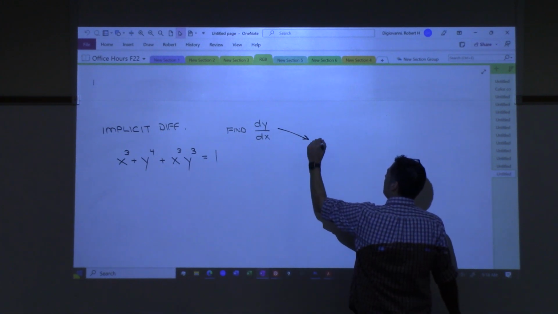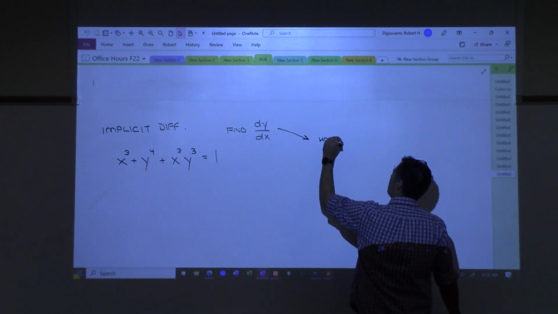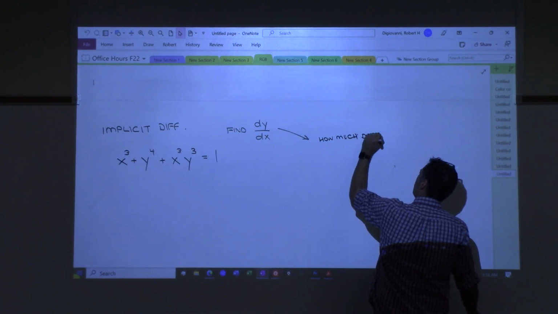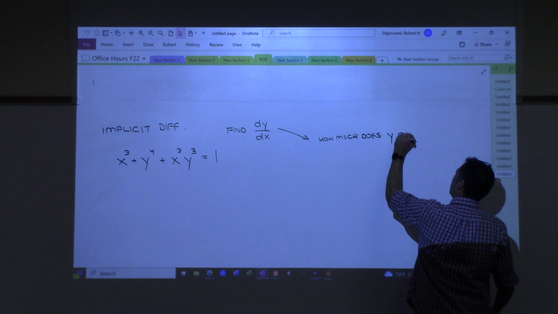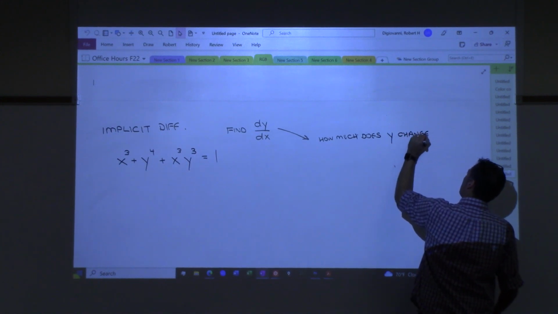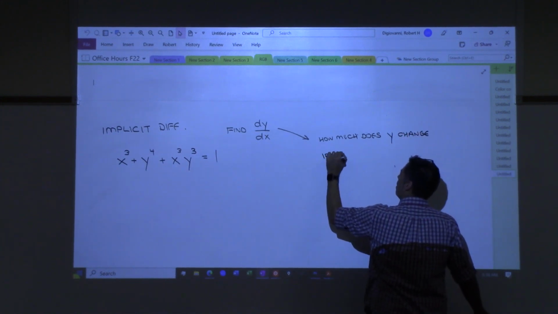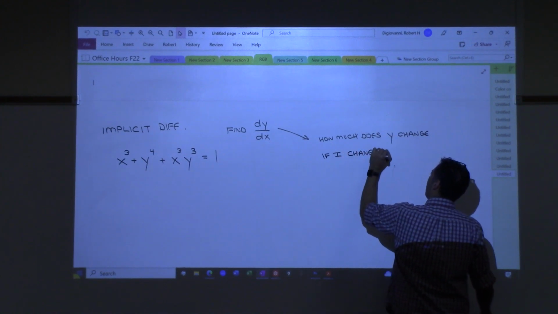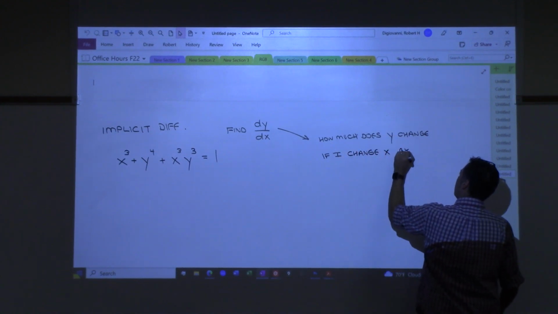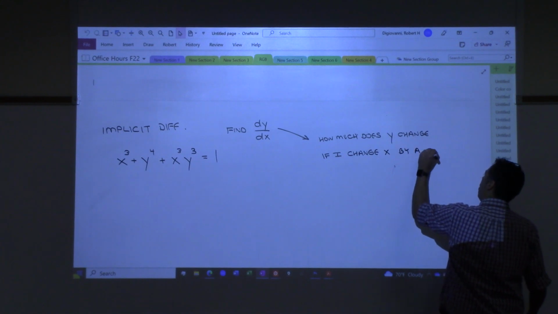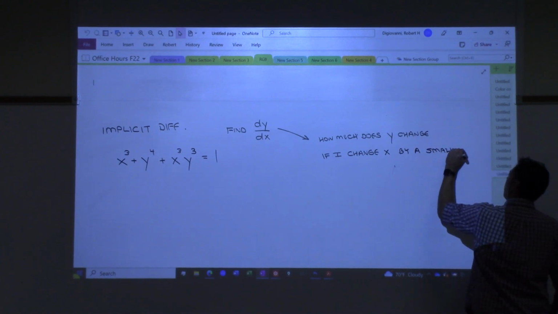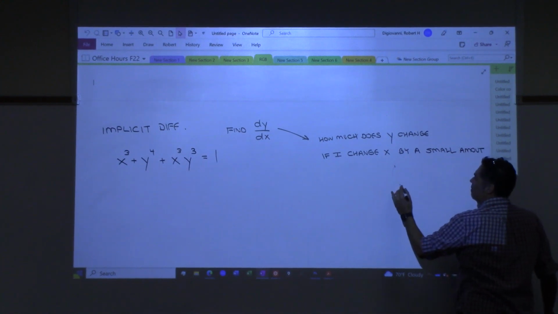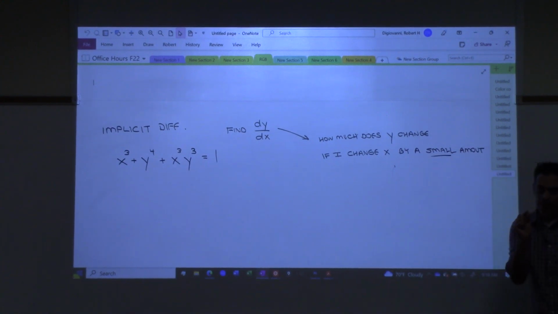This is basically saying how much does y change if I change x by a small amount. Okay, small meaning like really, really small.